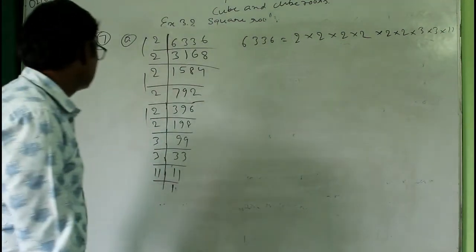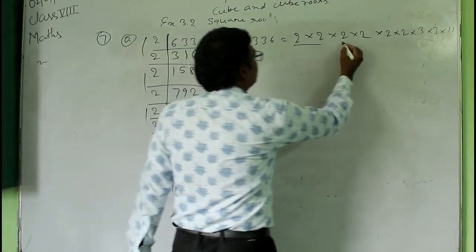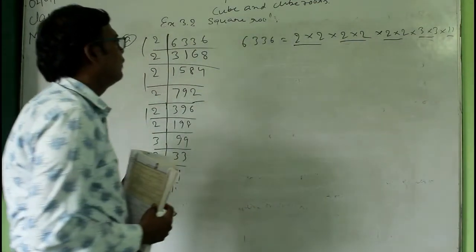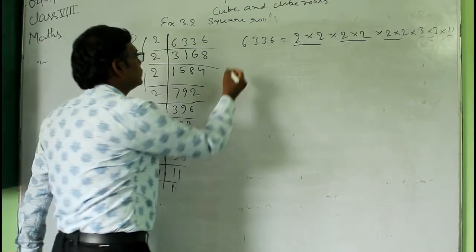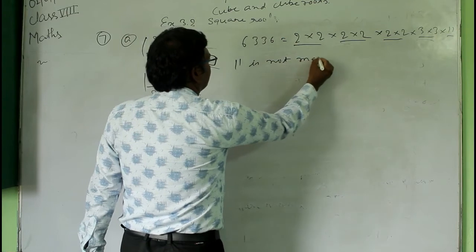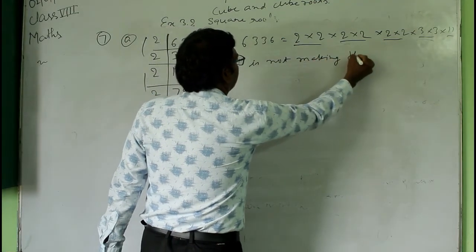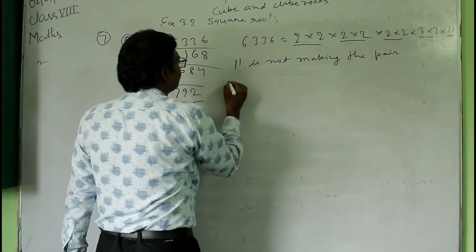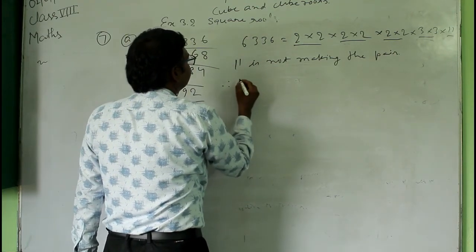So you have here, that is 1 pair, 2 pair, 3 pair, and this, and then this. So see that 11 is not making a pair. Okay? So 11 is not making the pair. Okay, therefore divide this number.